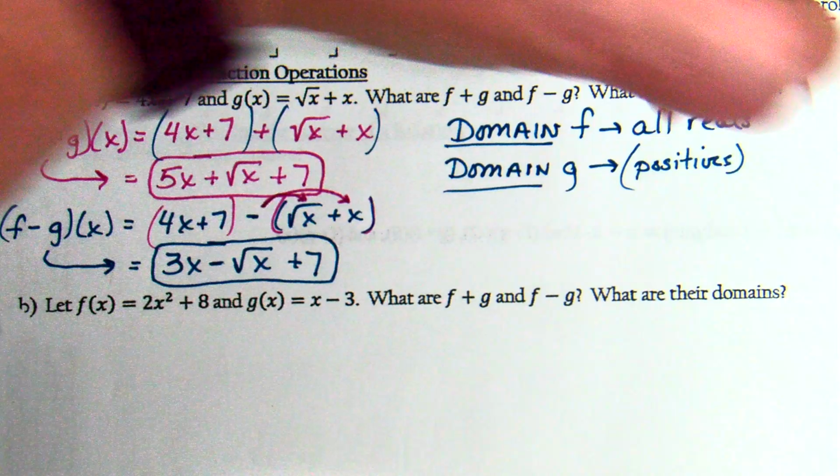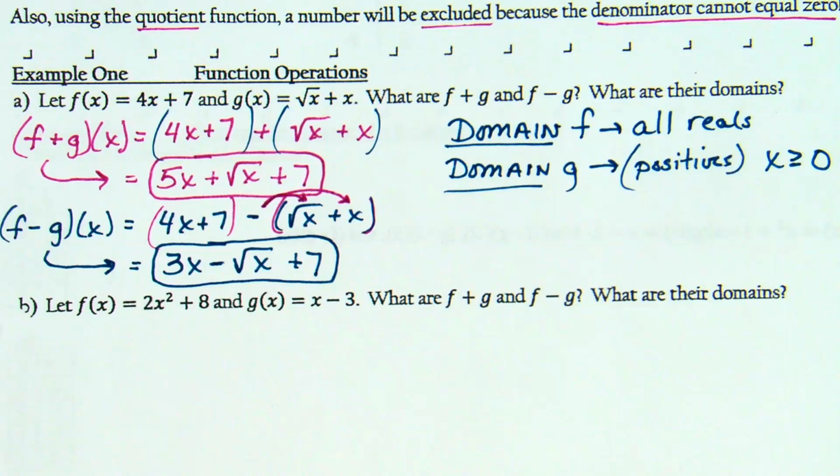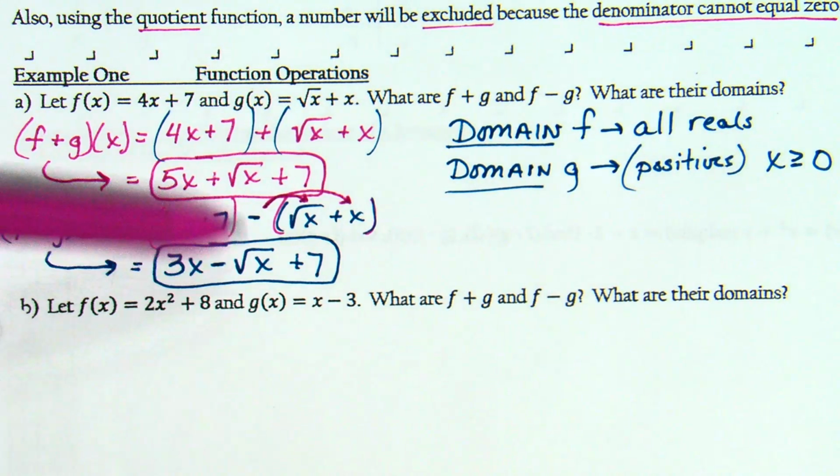Because when you say x greater than 0, that's saying positives. And then my question became, do I include 0? And we are including 0 here. So now, when we added f and g and subtracted f and g, did anything really change with that? No, it's still all reals with the exception of has to be positive for the square roots, doesn't it?